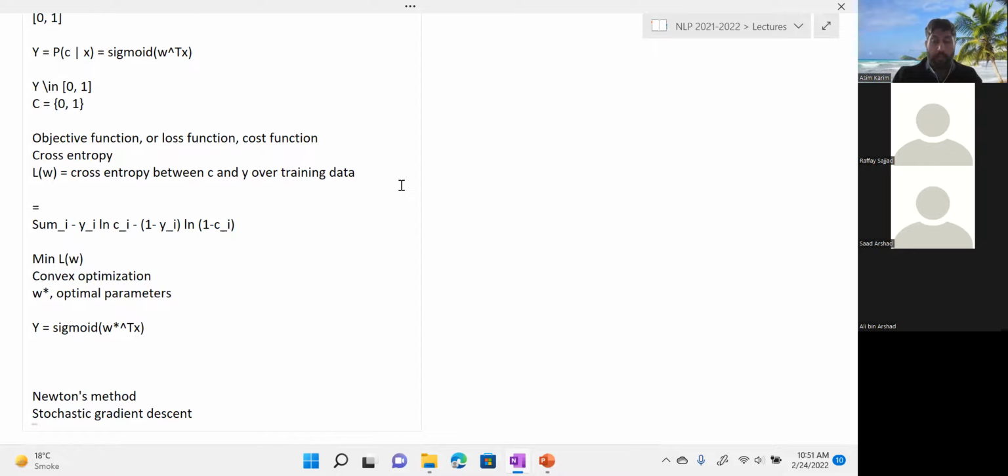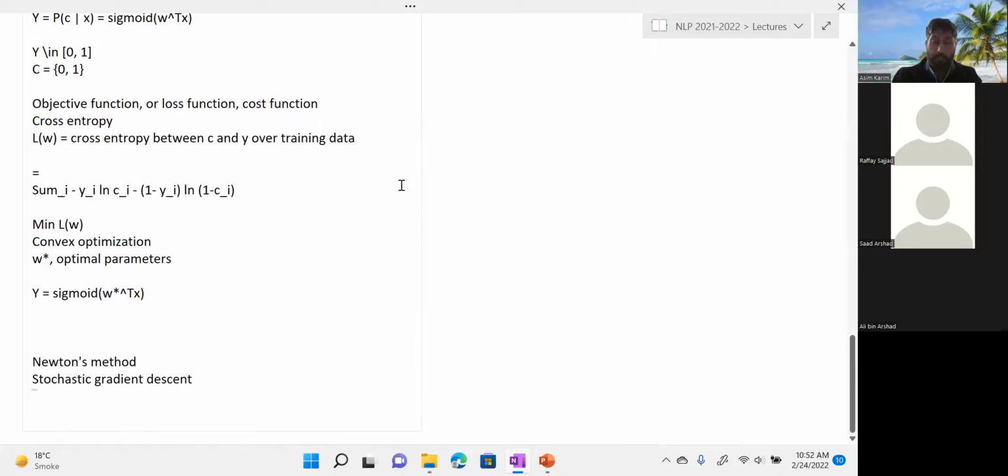This is an iterative optimization technique that gradually moves along the cost surface until it reaches a minimum. Since in this particular case there's only one minimum, that minimum is also the global minimum.